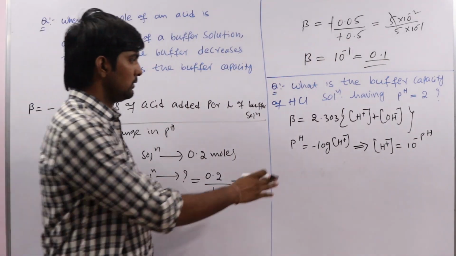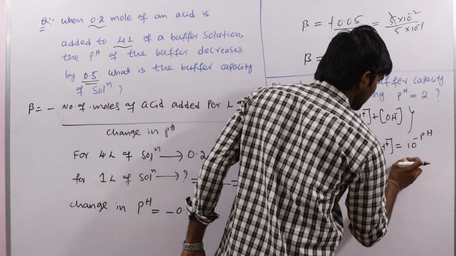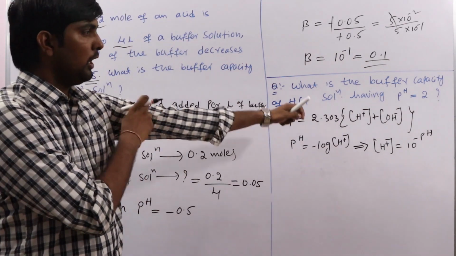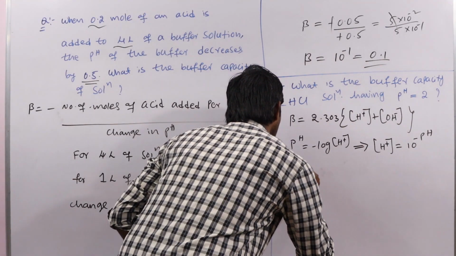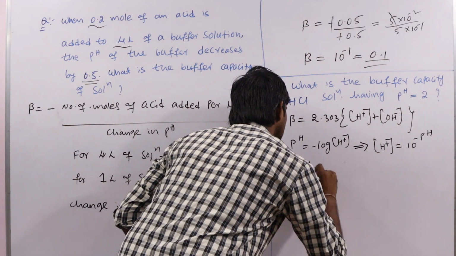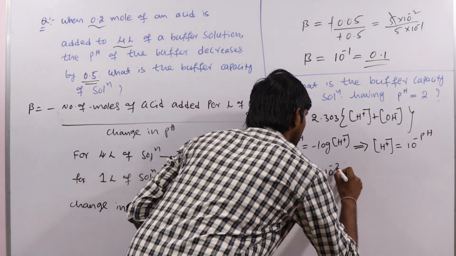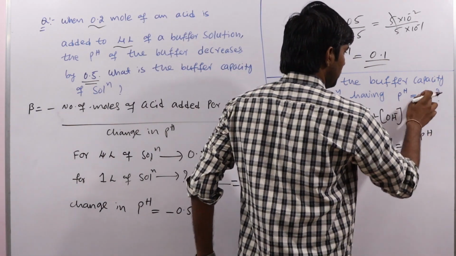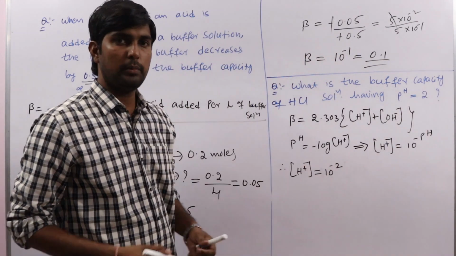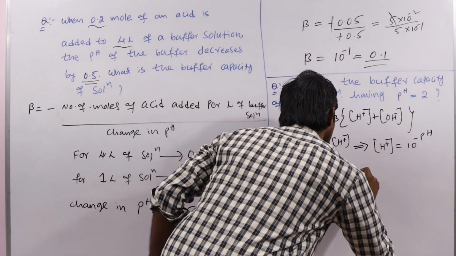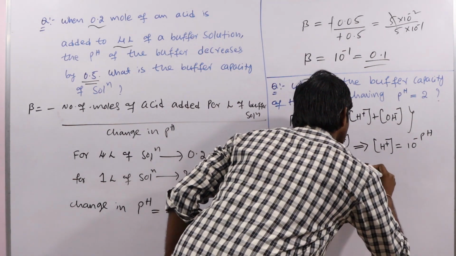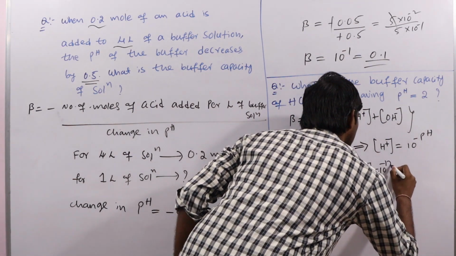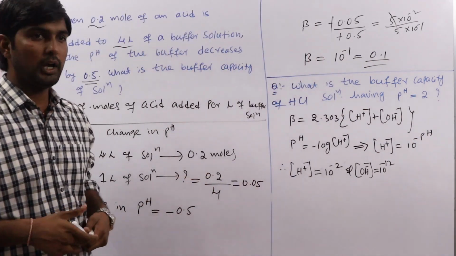Since pH equals 2 is given in the problem, H plus ion concentration is 10 power minus 2. And OH minus ion concentration is 10 power minus 12.